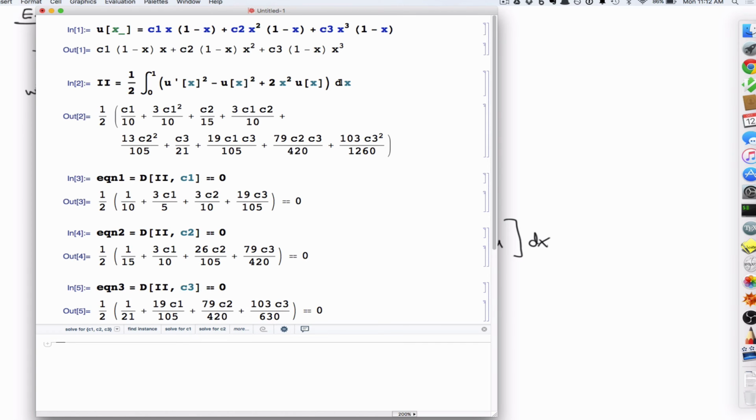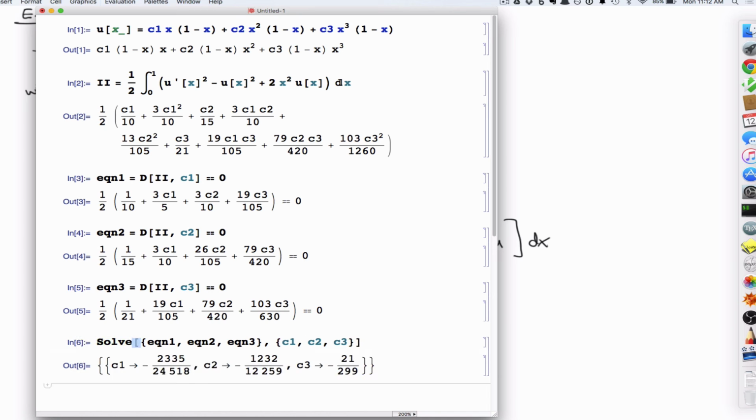so now I have my three equations. And you see these are just linear in the unknowns now. So I can set up a linear system, solve that guy. So solve equation 1, equation 2, equation 3 for the unknowns. So there's my solution.